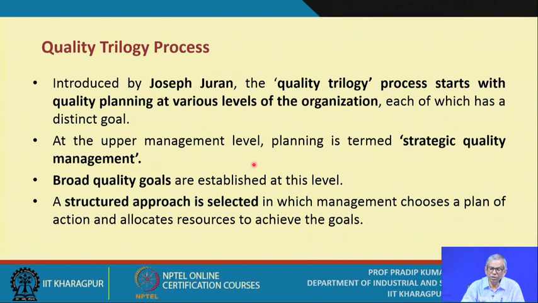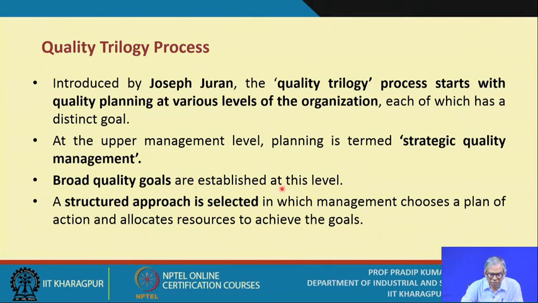Now this quality trilogy process starts with quality planning at various levels of an organization, each of which has a distinct goal. Upper management level planning is termed strategic quality management. This is another term we frequently come across. Whatever quality related planning activities the upper management is supposed to do are referred to as strategic quality management.